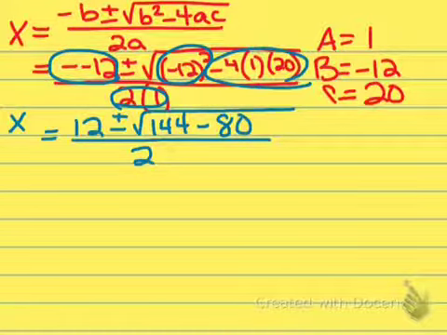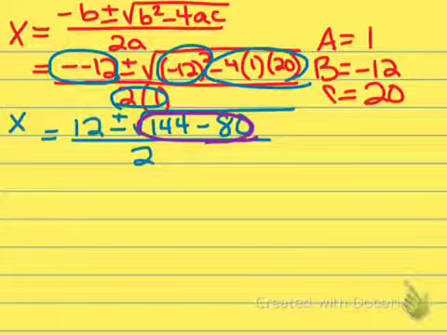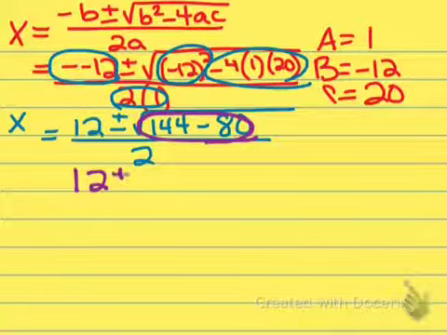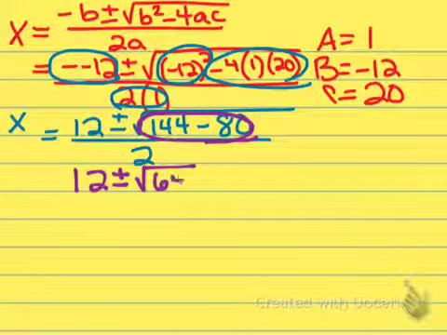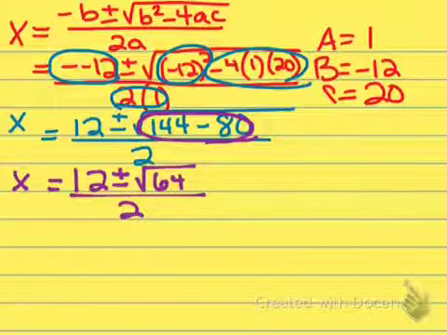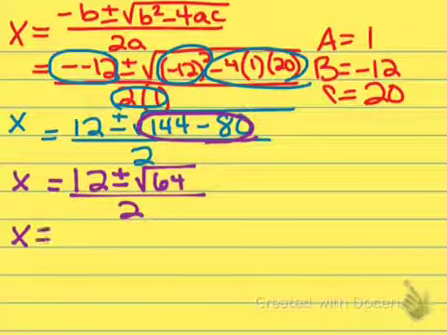All right. Next, we are going to keep working down to that square root. 144 minus 80 is 64. So we have 12 plus or minus the square root of 64 over 2. The square root of 64 is 8 because 8 times 8 equals 64. You can use your scientific calculator or just your brain.